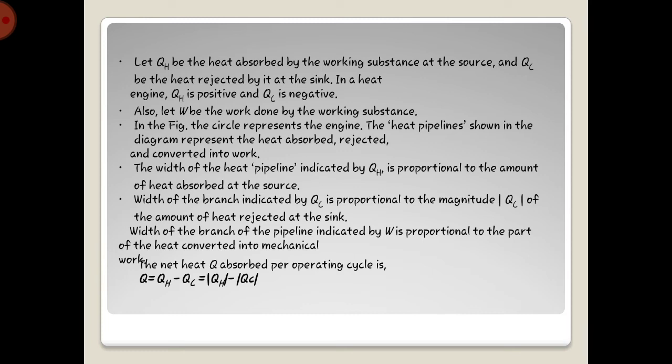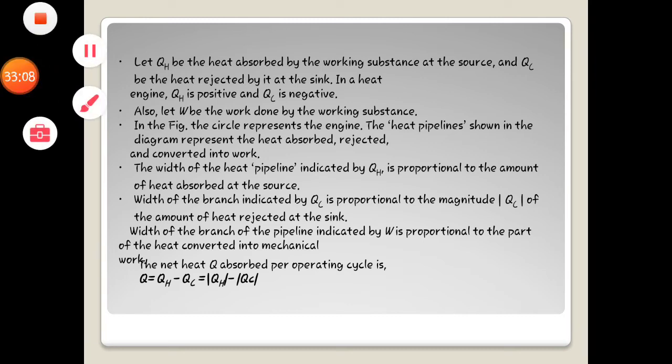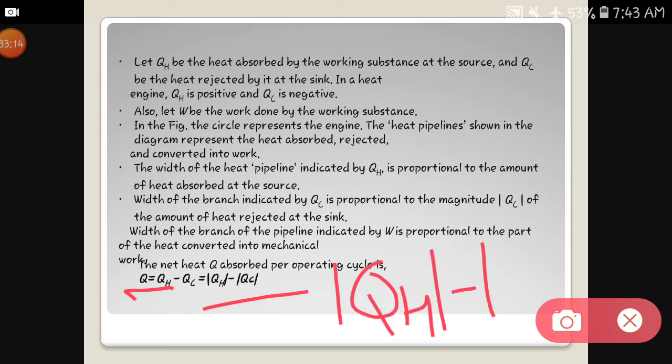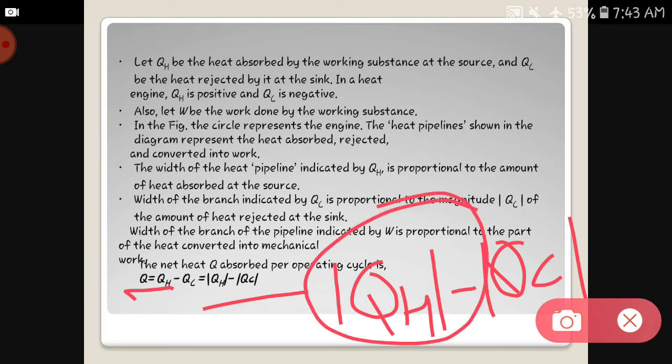Q is QH plus QC, or we can say Q is equal to mod of QH minus mod of QC. Why are we giving mod to it? Because as we said, it will be either positive or negative, and according to the cycle it becomes positive and negative. So we are giving mod over here so as to ignore the sign.